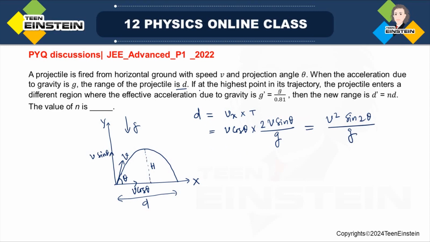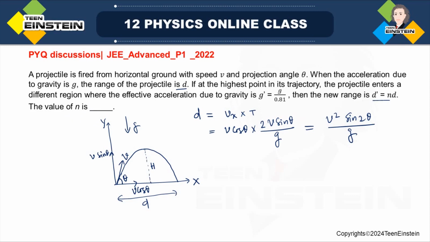Now if at the highest point in its trajectory the projectile enters a different region where the effective acceleration due to gravity is g prime equal to g by 0.81, then the new range d prime is equal to n into d, and here you have to find out the value of n.